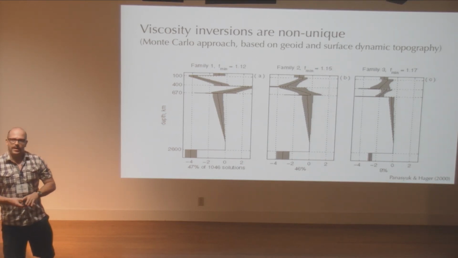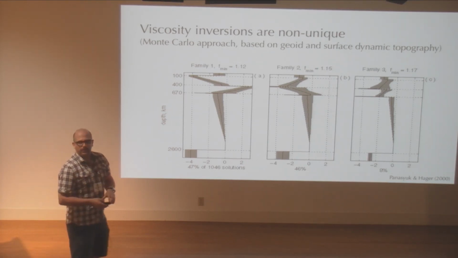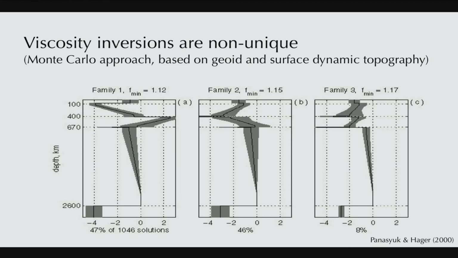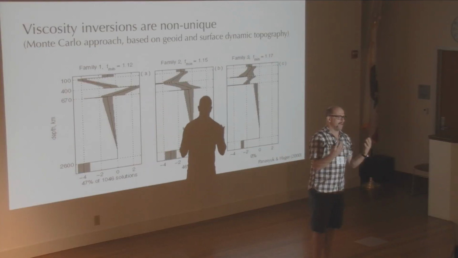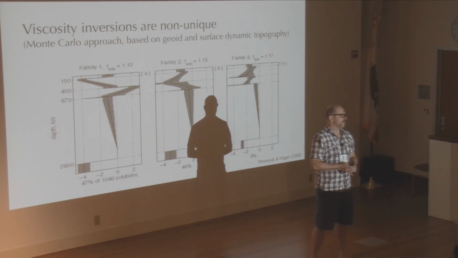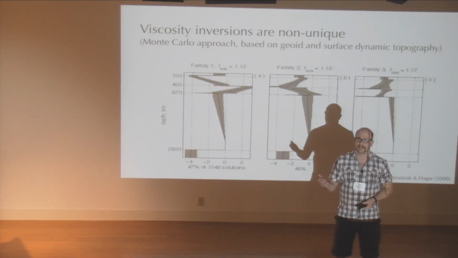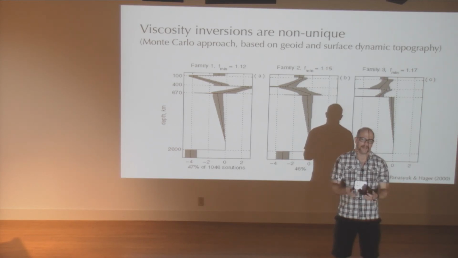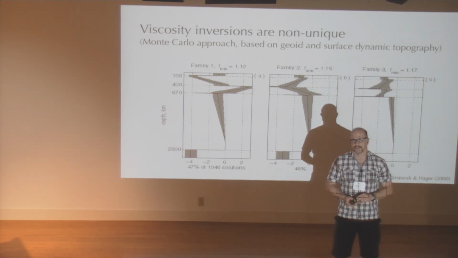And then I didn't talk much about the time dependence of viscosity. I mentioned grain size, right? But grain size is something that's not going to be constant. It may have some average, whatever that means, and it will change over time. And that's going to be very important, people think, for plate boundaries, but also for the upper mantle. So you're going to have a different viscosity, perhaps, underneath a spreading center or a subduction zone.